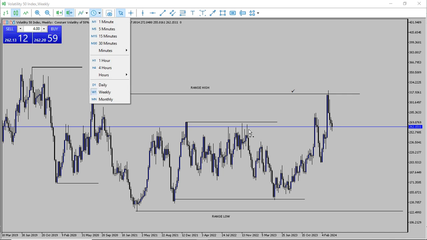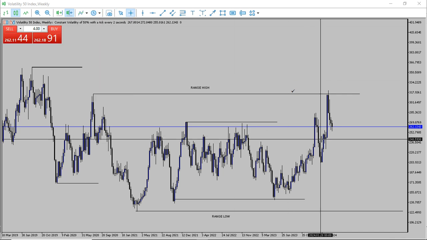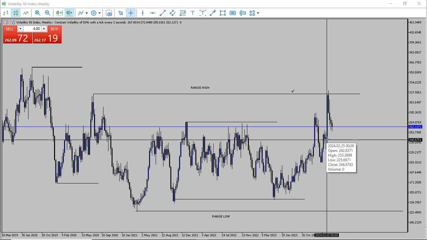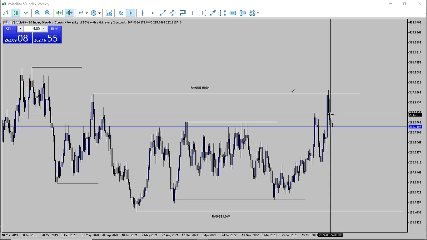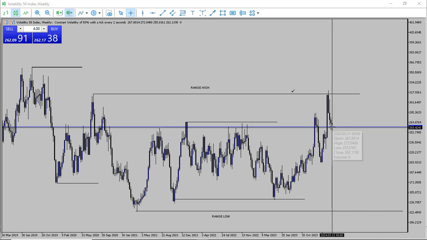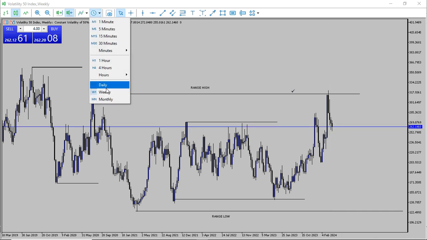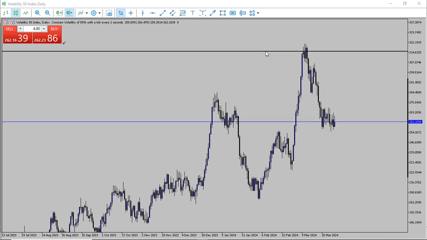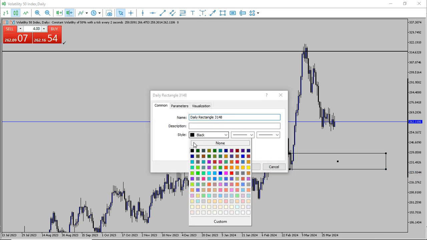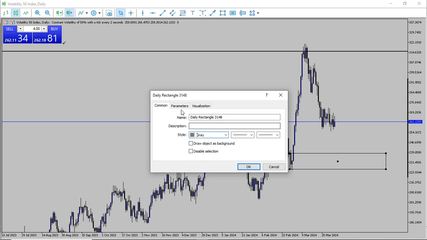So this is the first week of March, second week of March, third week, and fourth week. So we currently entered the first week of April, right? So this is it right here, and this is the daily demand zone that we had from the previous month.